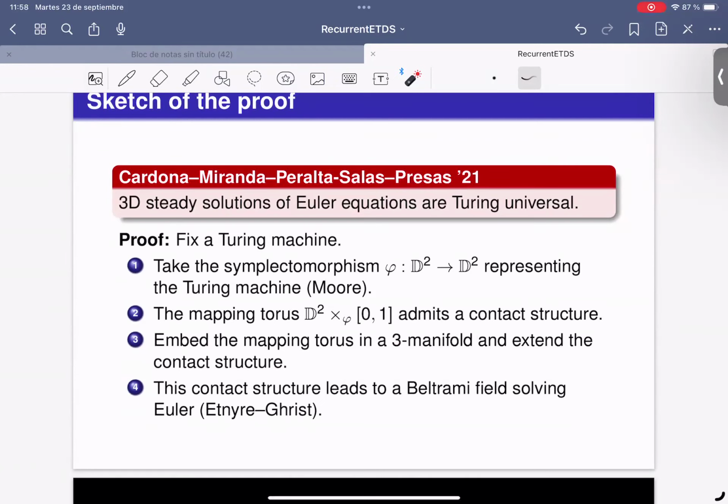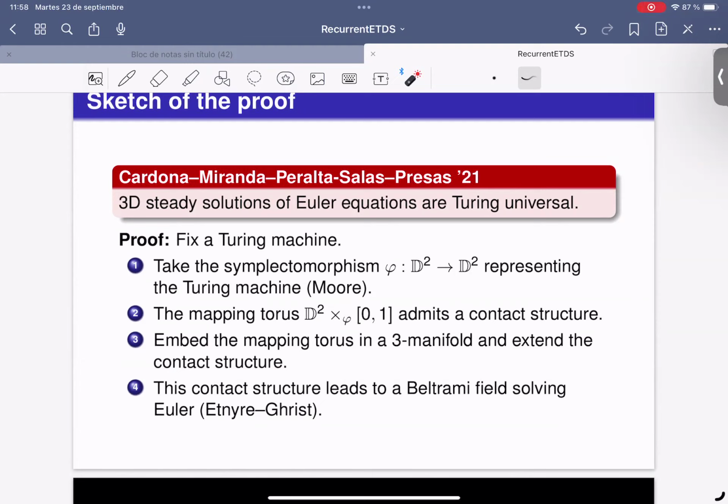Because once you have this contact mirror, you can prove very easily this idea that 3D steady solutions of the Euler equations are Turing universal. And let me give you a sketch of the proof.